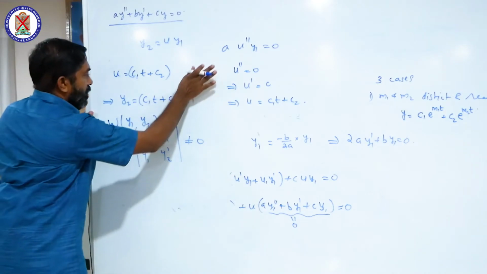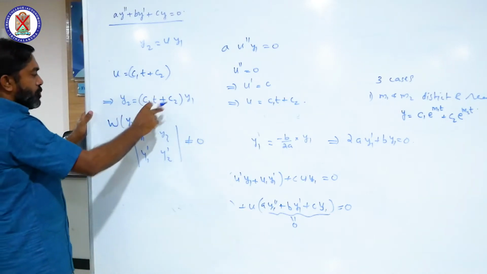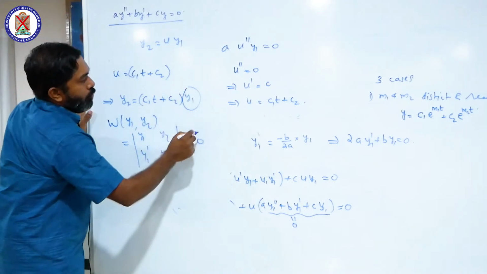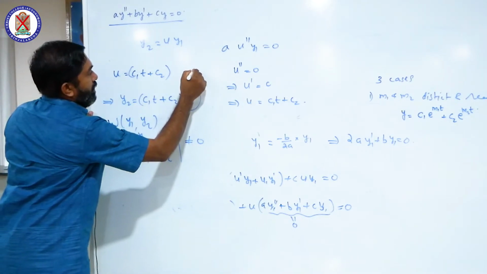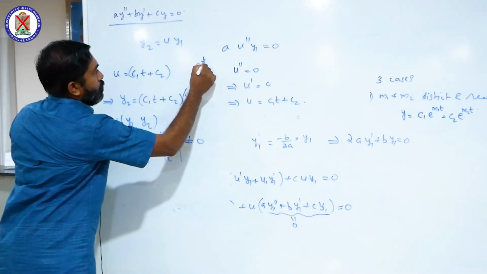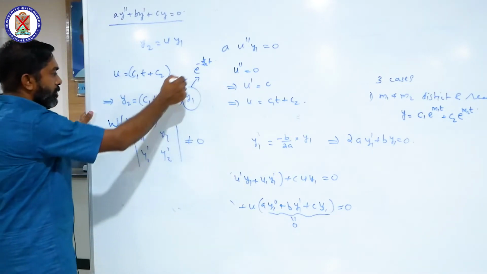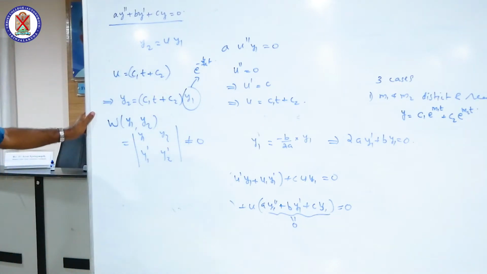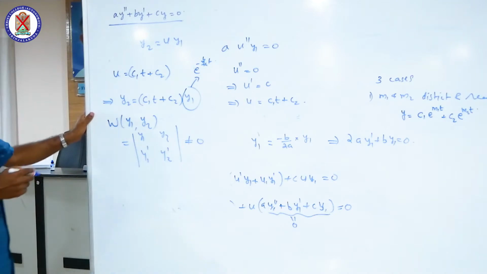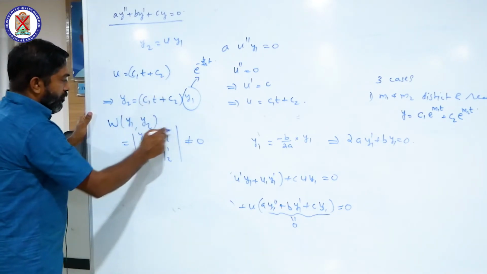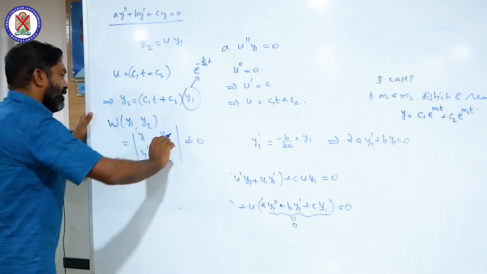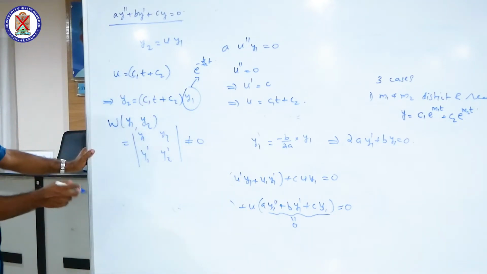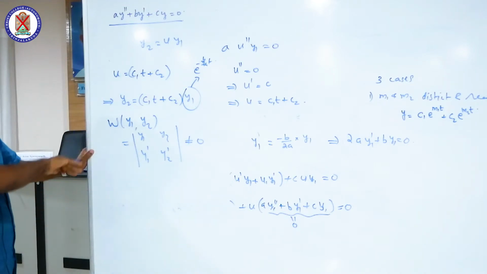If we expand this determinant with y1 equal to e raised to minus b by 2a into t, you can easily verify that it is not equal to 0. I am not going to explain it because the procedure is similar to the last case.